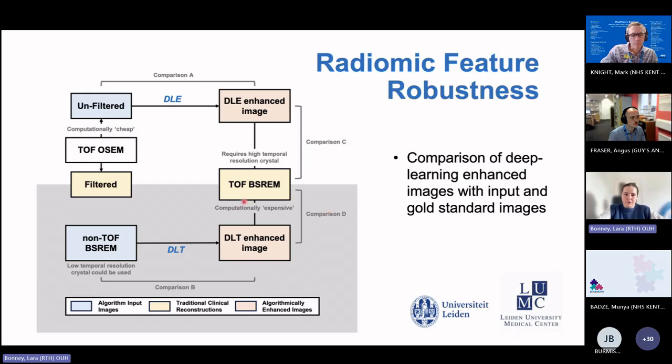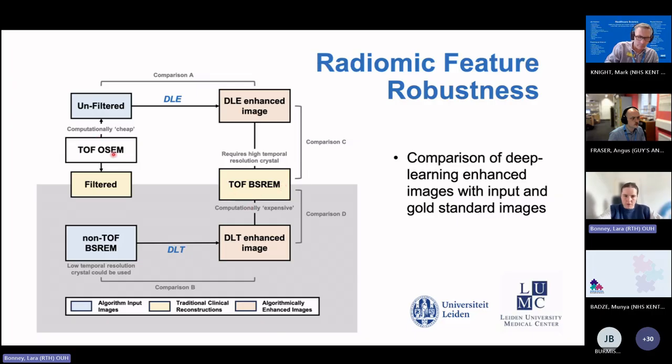So we looked at 2 different deep learning image enhancement algorithms that we had research access to. And essentially they take low computational input reconstructions, and then they've been trained to reproduce a high computational output reconstruction.